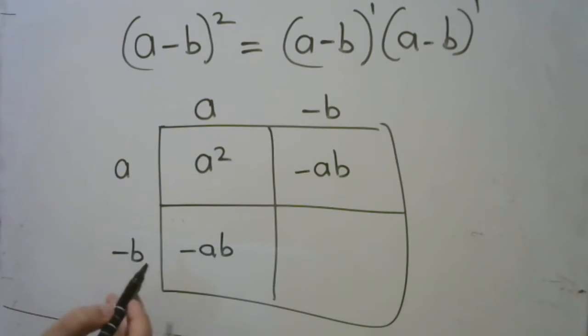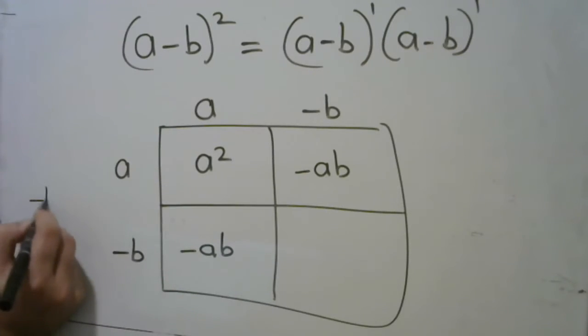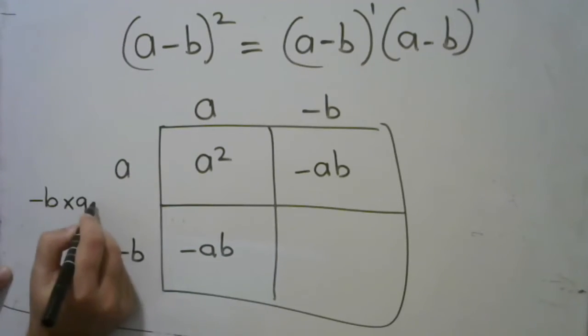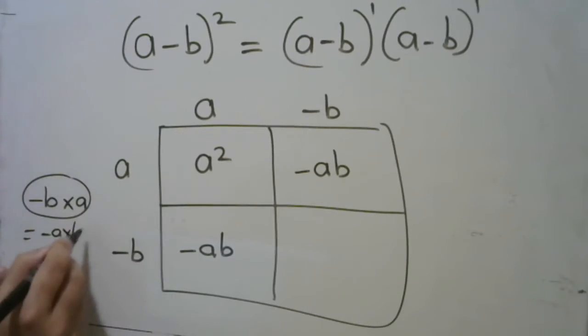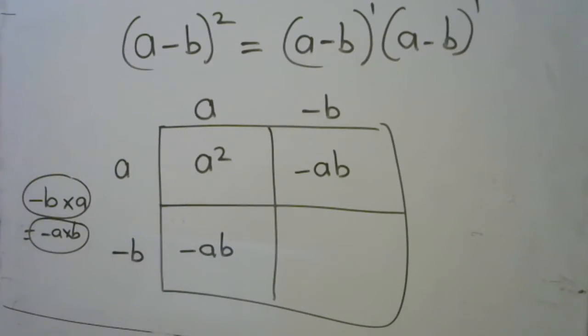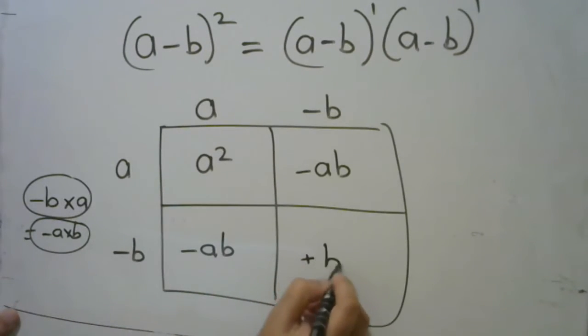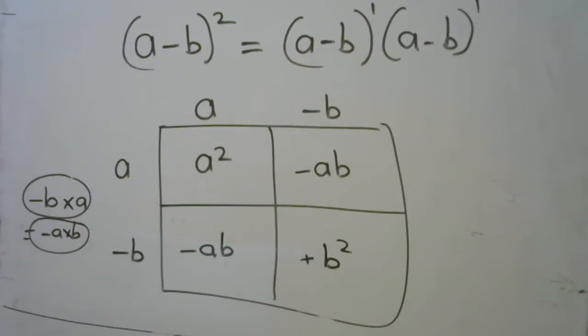Now what this means, you might be saying, oh, it's minus B times A, but this is the same as minus A times B. This is equivalent to this. So now minus B, negative B by negative B is a positive, and B by B is B squared, so positive B squared.